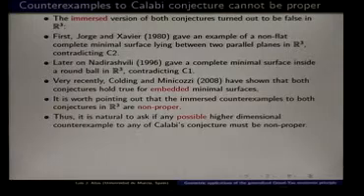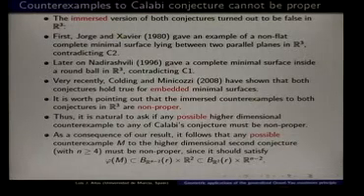And actually, as a consequence of our result, we obtain that any possible counterexample to the second conjecture must be non-proper, because if the immersion is contained in this solid cylinder, then it is contained also in this other solid cylinder. So that's another nice application of our result.